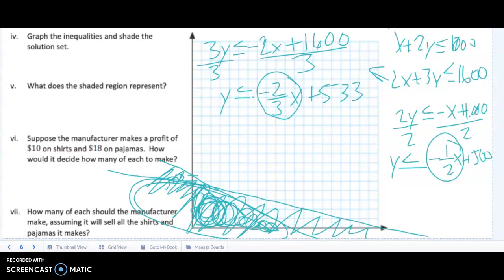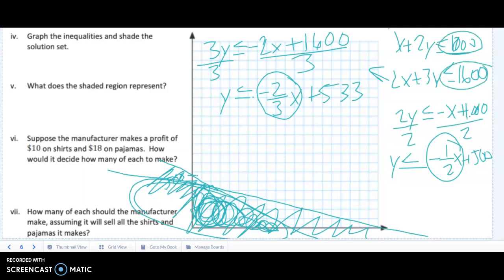Now, I can find exactly where this point is. Okay, I can find exactly where they cross by finding solutions. Okay, and if you see, I'm kind of doing all this. We graph it. What does the shaded region represent? The shaded regions are solutions for both equations because it's got to be less than 1,600 and less than 1,000.